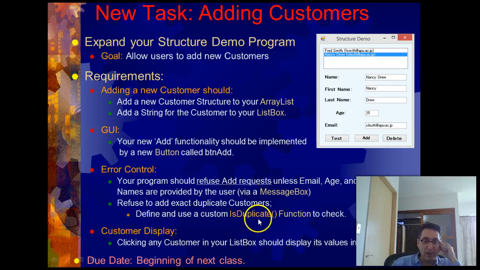And you're supposed to write a function that does this, the isDuplicate function. Okay? And then customer display. Clicking any customer in your list box should display its values in all 5 text boxes. Well, actually, we already did that in the previous screen. And the due date is the beginning of next class. Okay? So good luck with that.